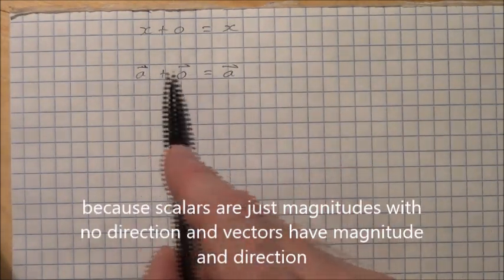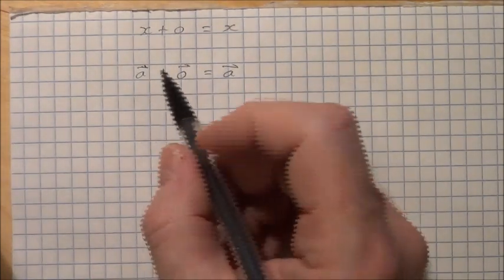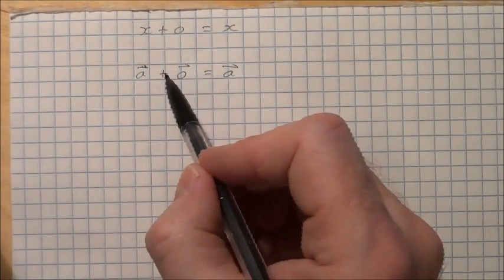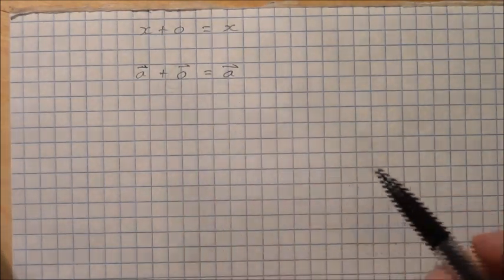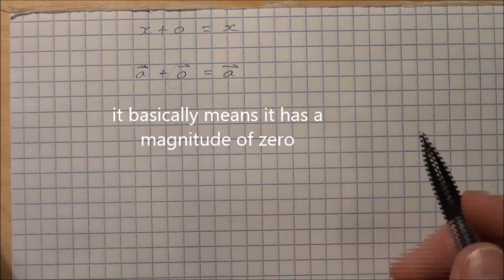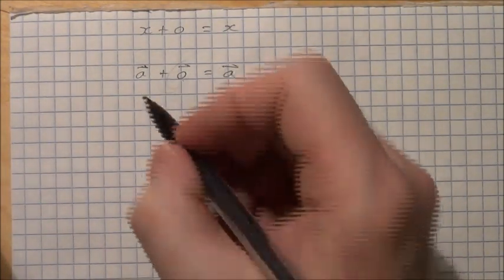We have to add vectors together and add scalars together. So in order to establish the idea of 0 in terms of vectors, we have to have a zero vector, which basically means it's going nowhere. It's not pointing anywhere. So vector A plus the zero vector gives us vector A.